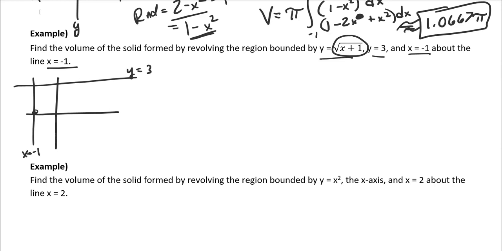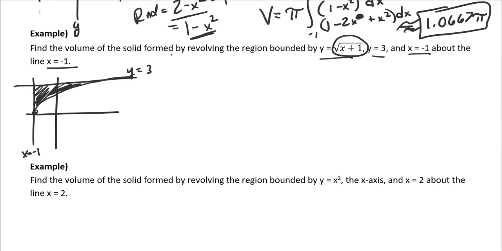So remember what a square root function looks like, it's kind of like this. And I want to find the volume of the solid formed by revolving the region bounded by all of those 3 things. So I'm finding this region in here, about the line x equals -1.